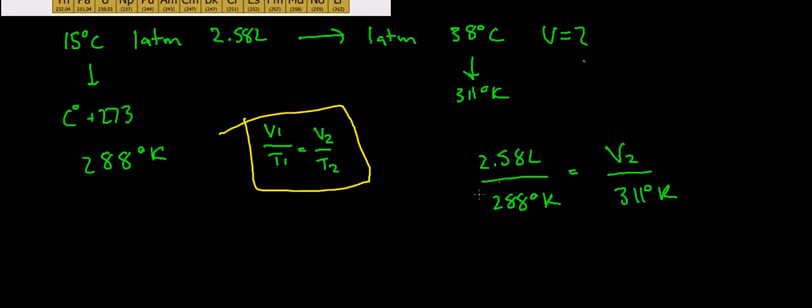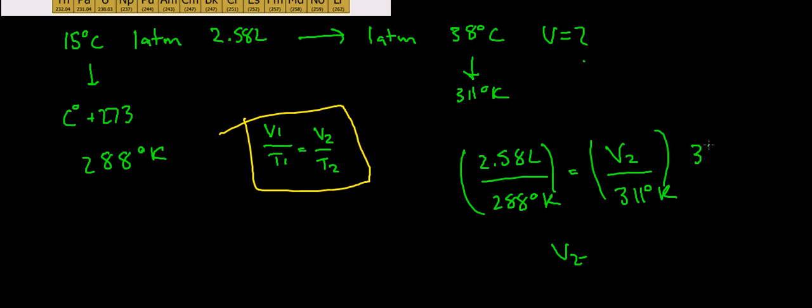Now, I can just multiply this over to the other side, and then I'll be left with V2. So 2.58 divided by 288 is equal to 0.008958 liter kelvins. Let me just write this out.